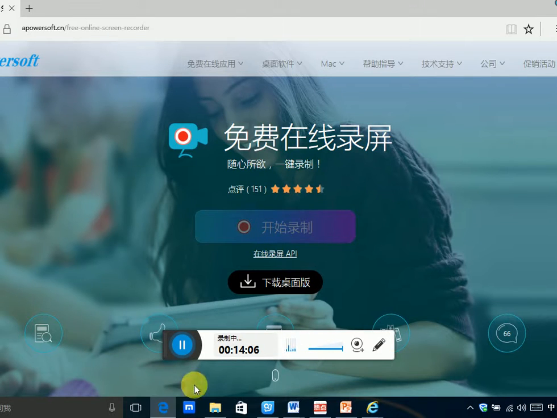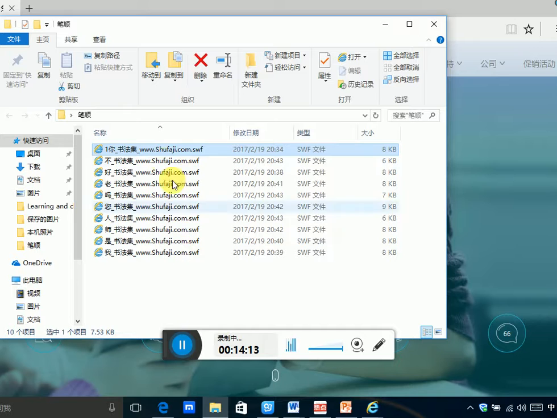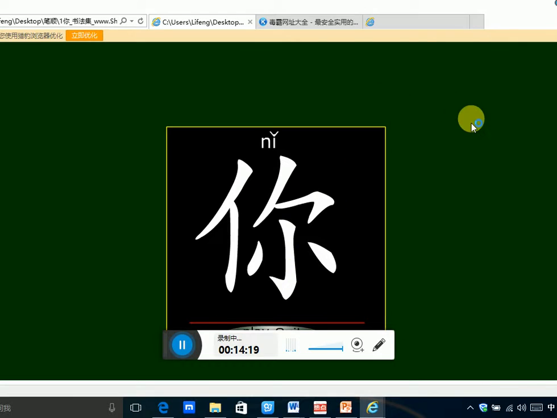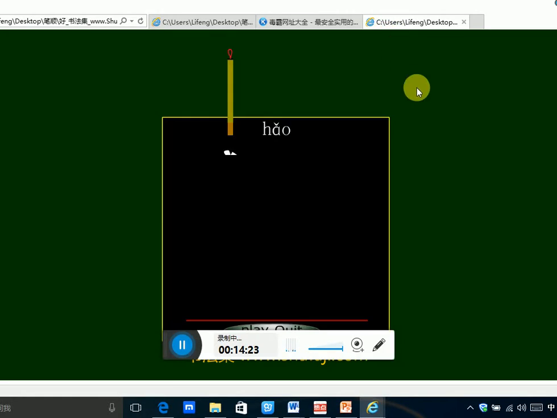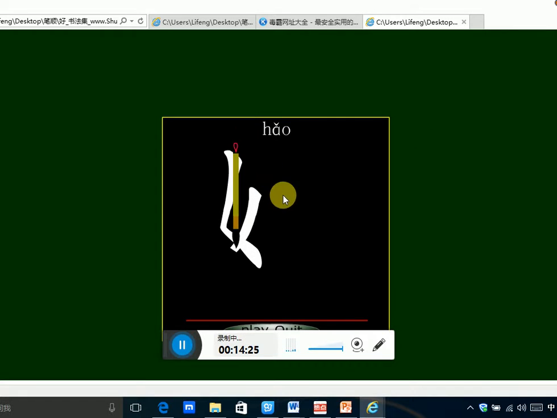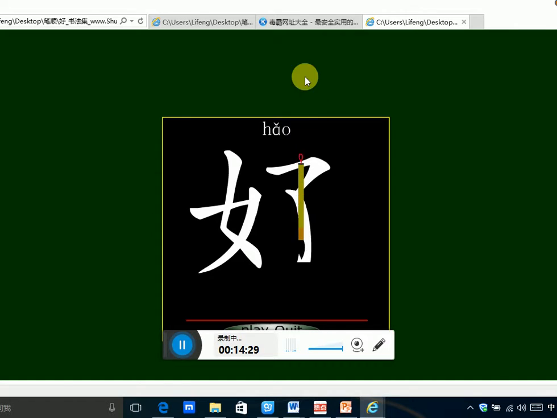Just makes it easier for you guys to remember. And I will show you the way to write 好. Okay. So we write it from left to right as well.